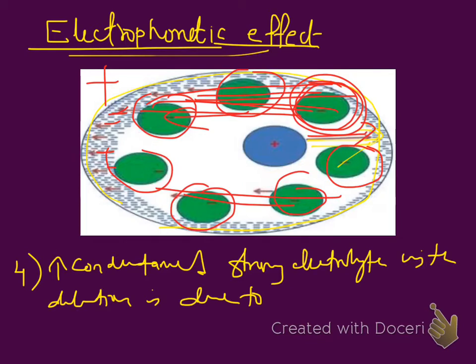So, the flow of ions and solvent takes place in this direction. But this positive ion needs to flow in the opposite direction.